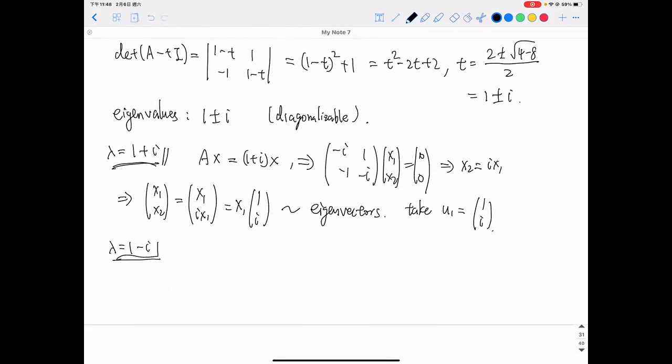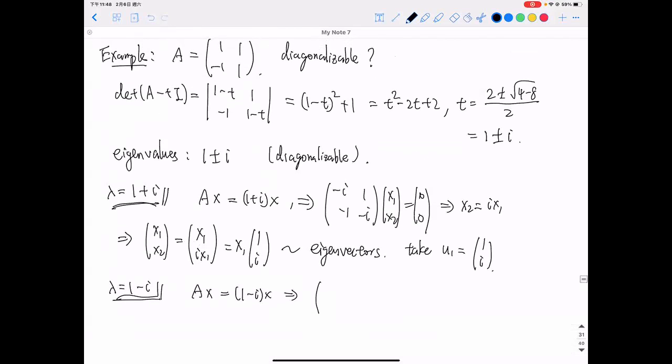Now for the other eigenvalue, we proceed similarly. That is, we have [i, minus 1; 1, i], which you see again, the two rows differ by a factor. This time the factor is i. So you really have just one equation. This time the equation is x1 equal to i x2.